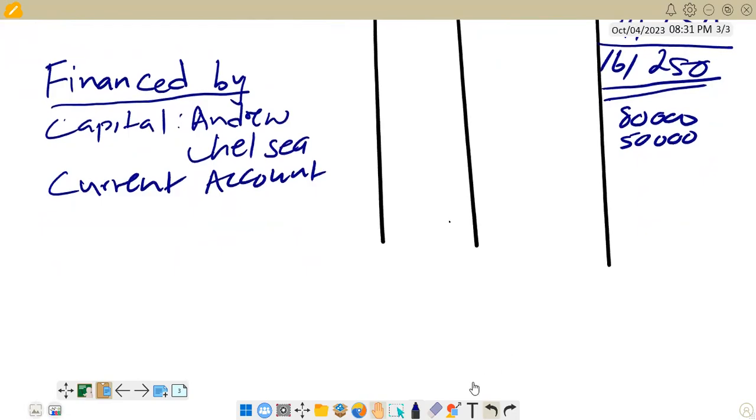So with that we continue with our question. For our current accounts, we are going to present the current account whereby one of the columns we allocate to Andrew, and the other column we allocate to Chelsea.